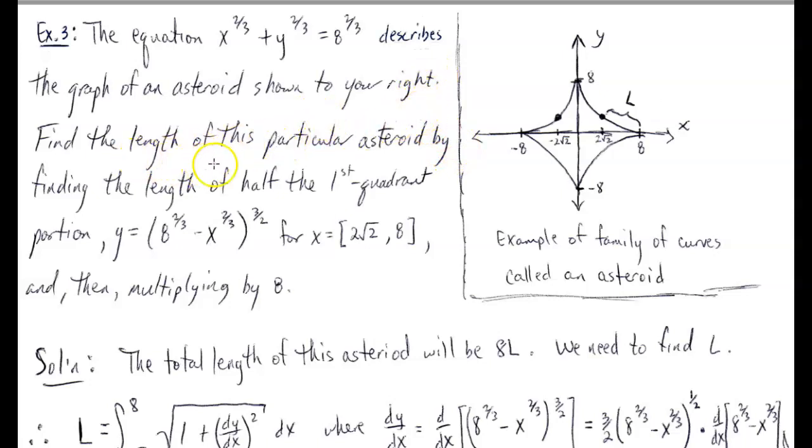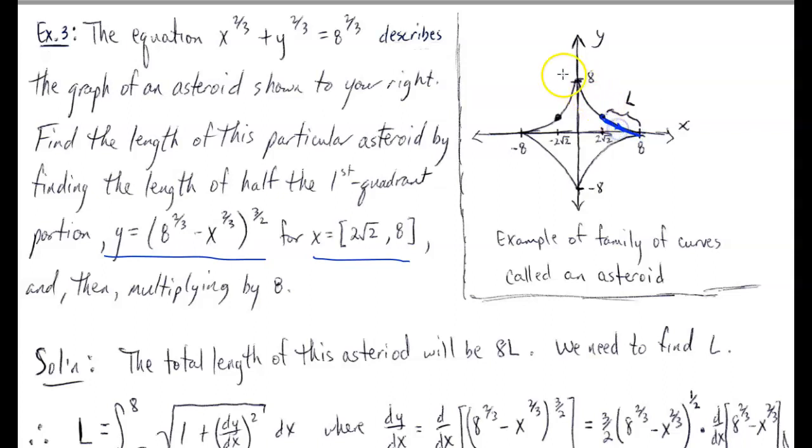So we want to find the length of this particular asteroid by finding the length of half of the first quadrant portion, which is characterized by this particular function, and we want to find it from x equals 2 times square root of 2 to 8. So essentially we're trying to find the length of this.